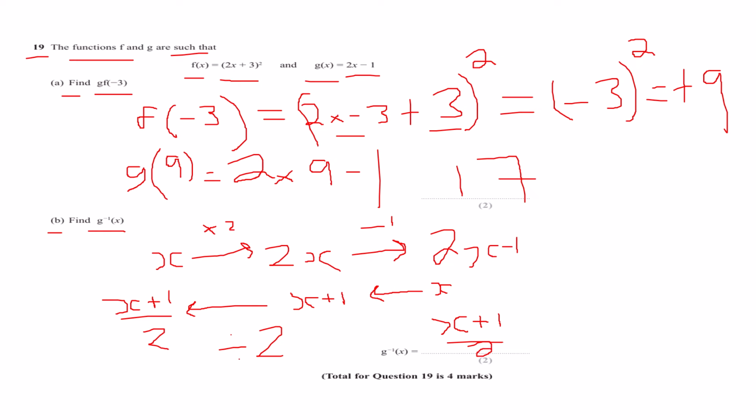Now, I must say, guys, this is not the formal method of doing it. There is a more formal algebraic method, but because this was quite a basic function, I thought I'd represent it on a function machine.